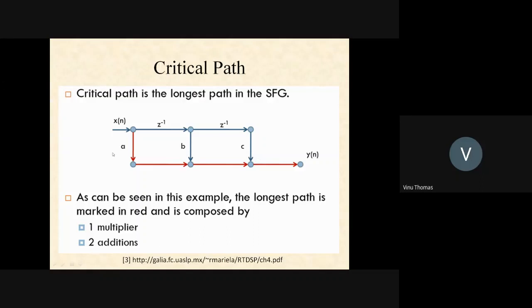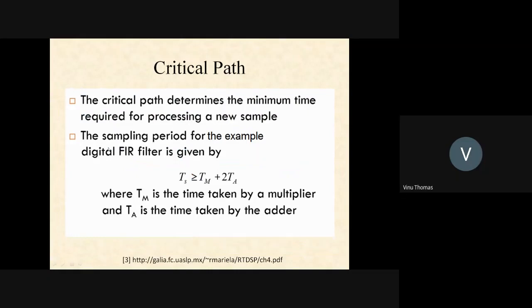So if you have a sample here x of n, you get the output sample corresponding to this input sample only after this minimum time of 1 multiplication and 1 addition. The next sample can come only after the time corresponding to 1 multiplication and 2 additions. That is what we have written here.